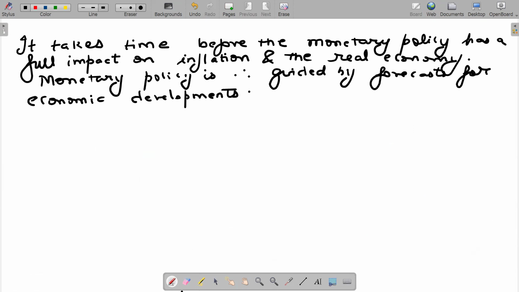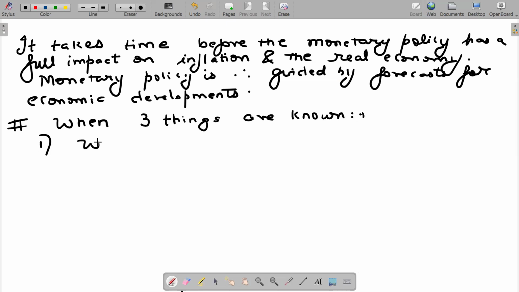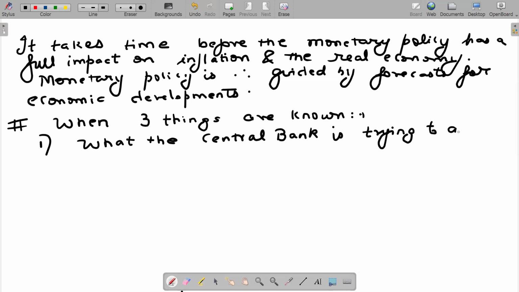So I can write, when three things are known, which are point one, what the central bank is trying to achieve. That's the first thing the central bank should know. What is the objective? What does it want to achieve?